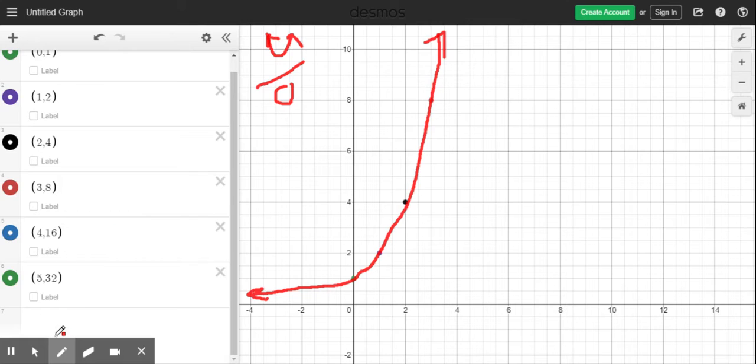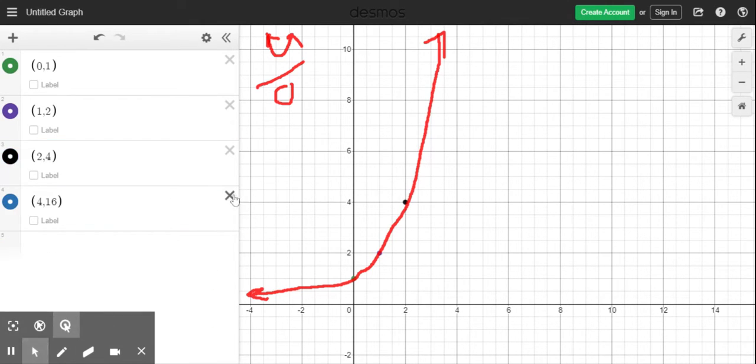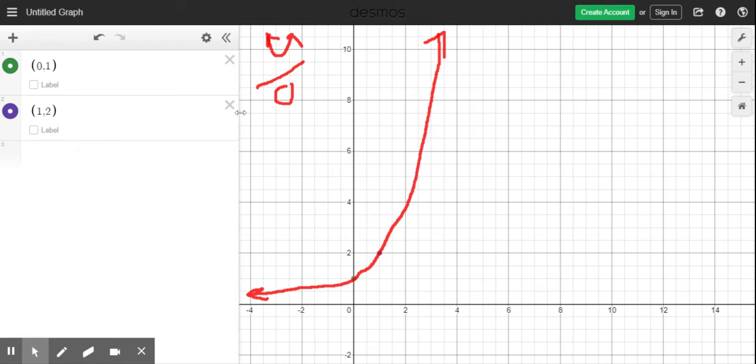But now let's look at what if we swapped all of these X's and Y's here, and see what the graph would do.